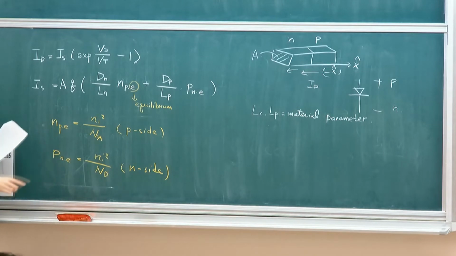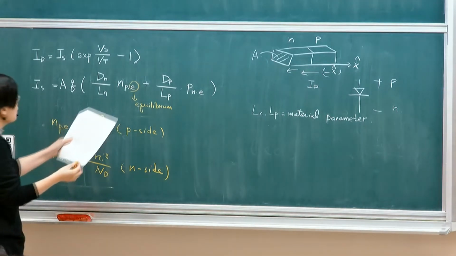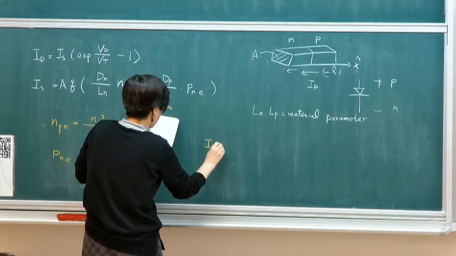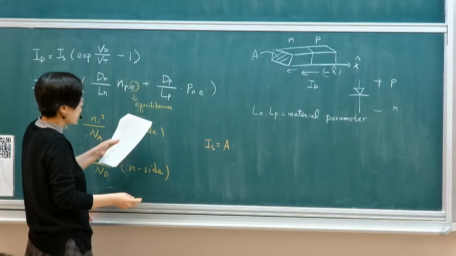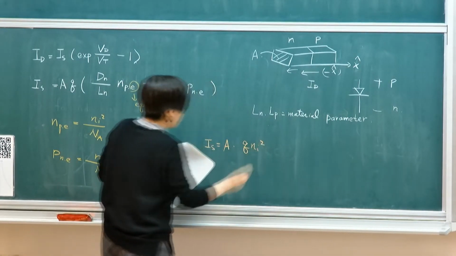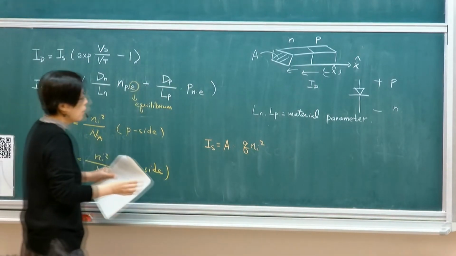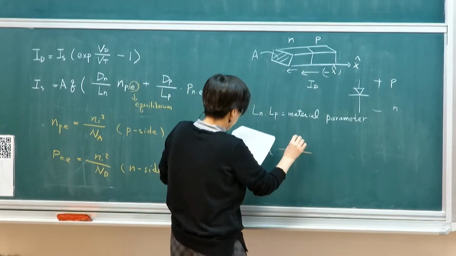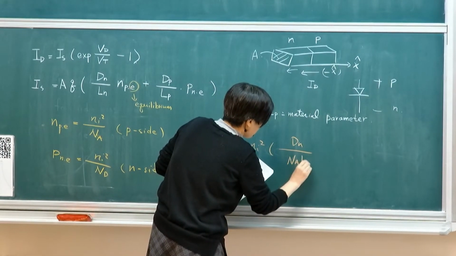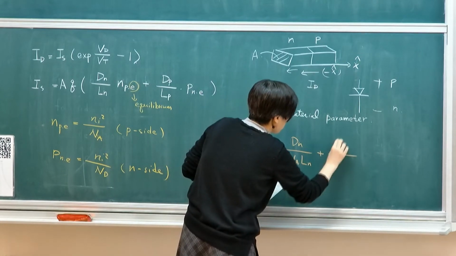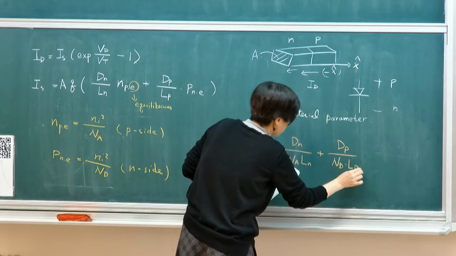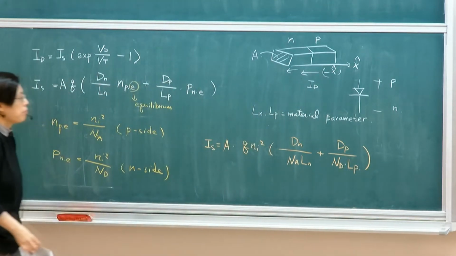So you simply put them into this equation, then my IS will be proportional to cross-sectional area, and also Q, and I am taking out all the common parameters, and then it will depend on two important things: Dn over Na Ln, plus Dp over Nd Lp. Okay?